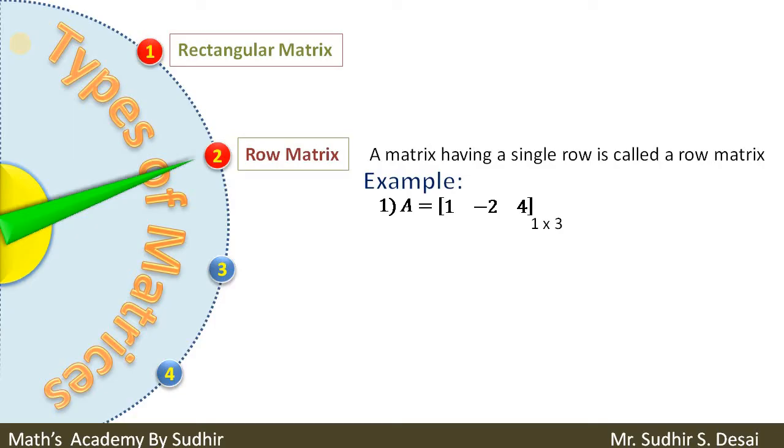So as definition suggests, a matrix having 1 row is called as a row matrix. So this is the example of row matrix. Let's take another example. Here you can observe that there is only 1 row and 4 columns. So again this matrix is having a row, so this is also called as a row matrix.